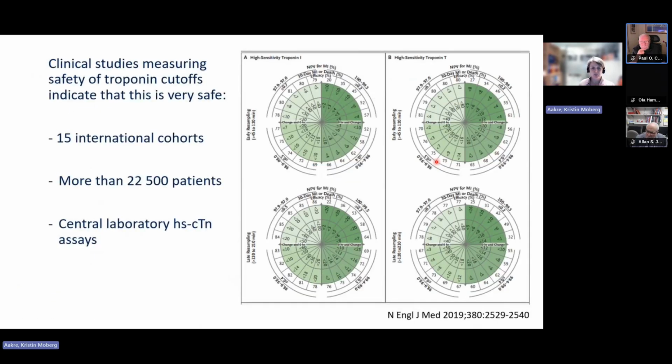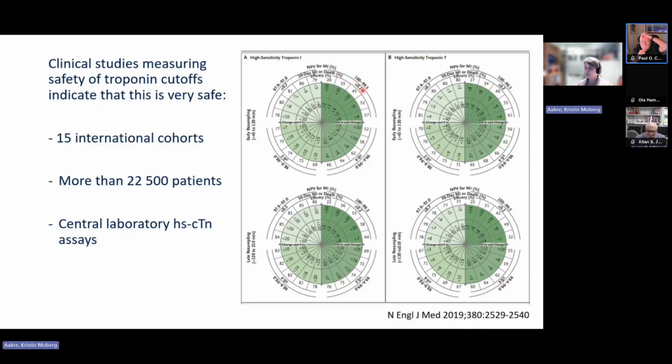This is a study that was published in the New England Journal of Medicine, where they had looked at 15 international cohorts, more than 22,000 patients, and they have used several central laboratory high sensitivity assays. And the way this works is that here are the baseline cutoffs that were used. Here are the delta values. And these are the safety measures.